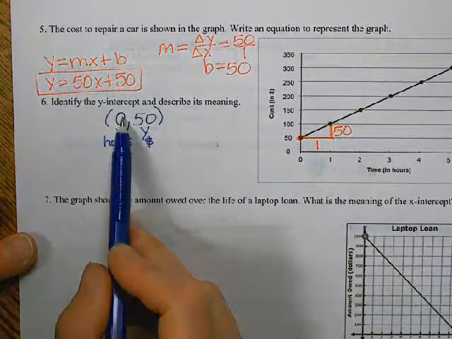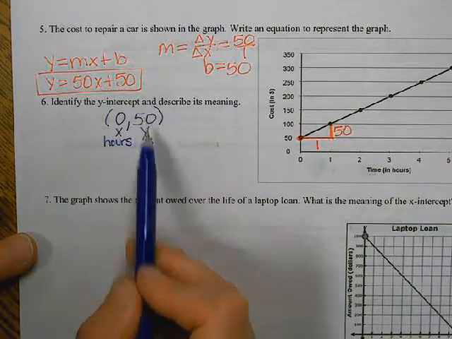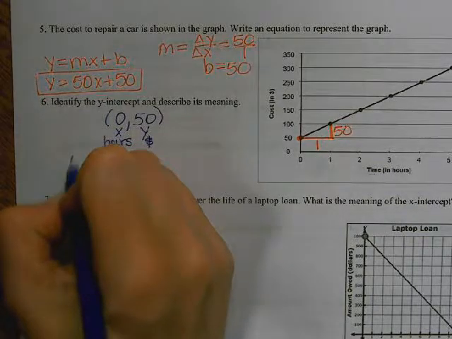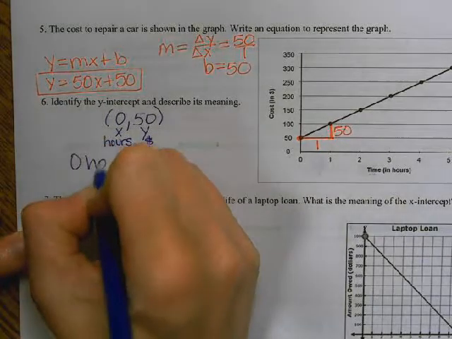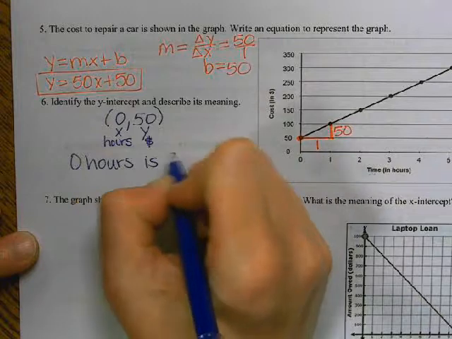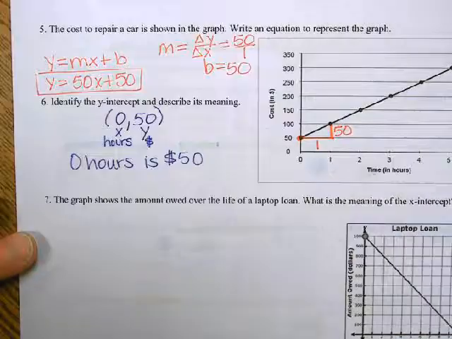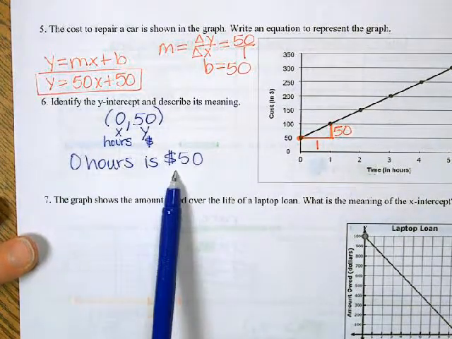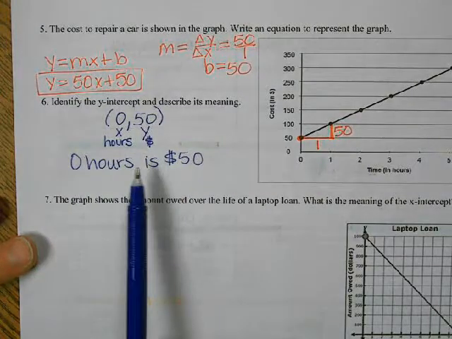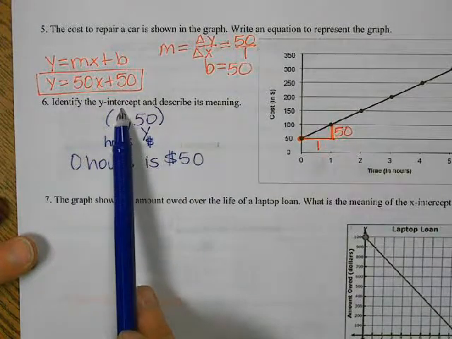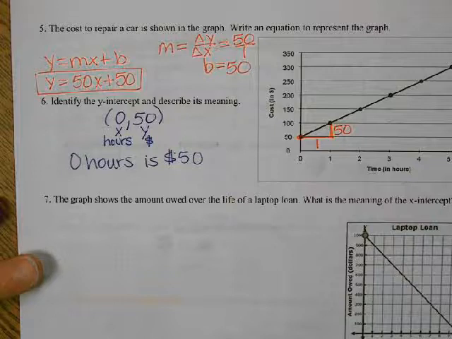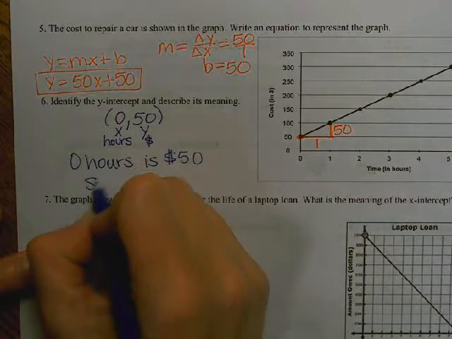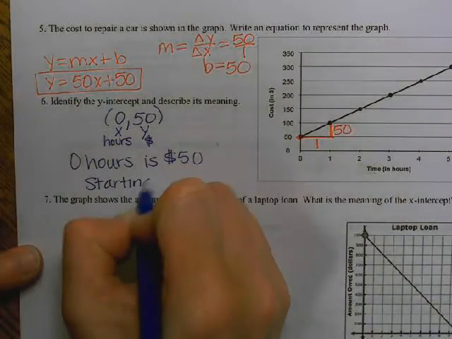And then you just say 0 hours is $50. Now that looks a little weird. You're not going to see that as an answer choice. So remember, the y-intercept really means the start of a line. So the starting cost is $50.